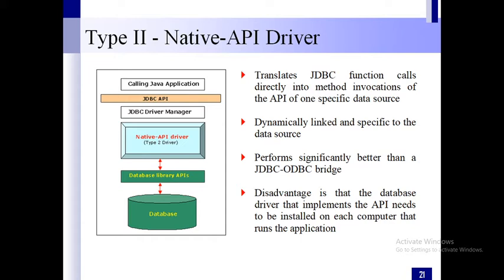What it actually does is directly check with the data source, and according to the data source, it will translate the APIs. So there are no intermediate drivers here. Directly it will convert to the database specific function calls.